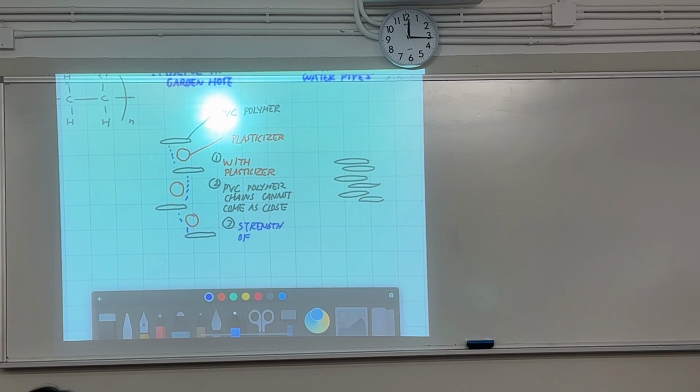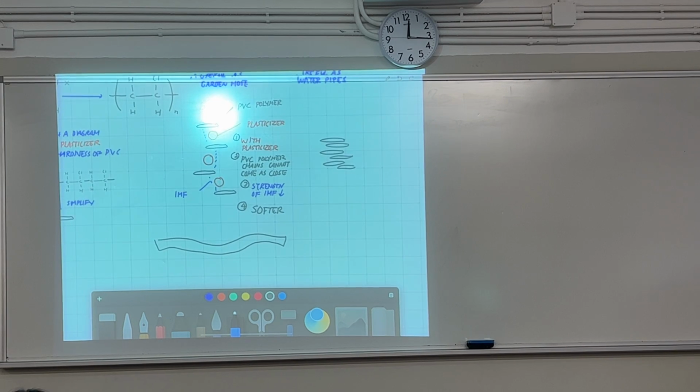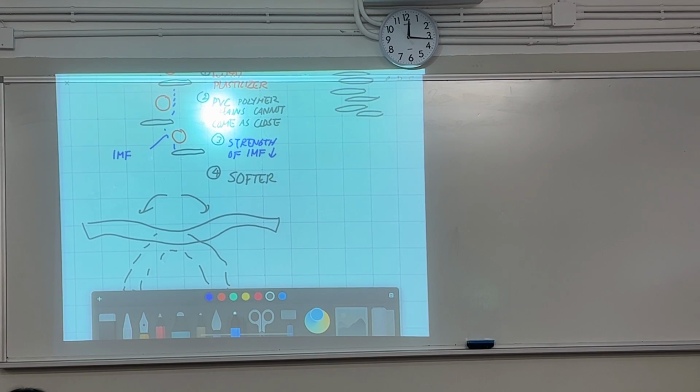The purple thing represents the intermolecular force. So the strength of intermolecular force decreases, which explains why it is softer. When things are held less tightly together, it's softer, right? It's easier to deform the structure. Which is why if you make a garden hose out of plasticized PVC, you can bend it around pretty easily, because the intermolecular force is not strong.